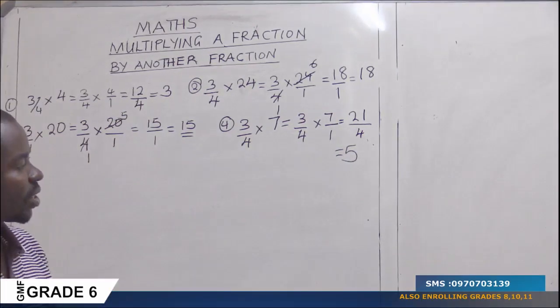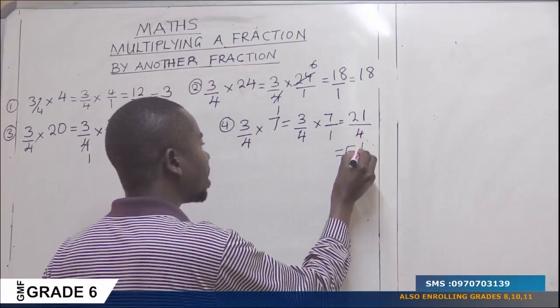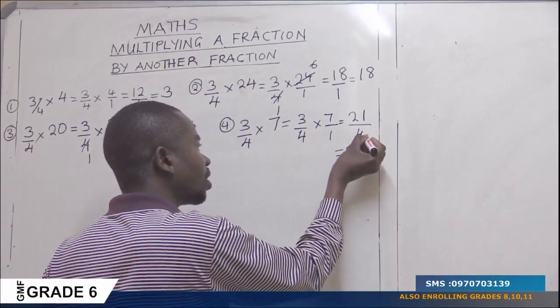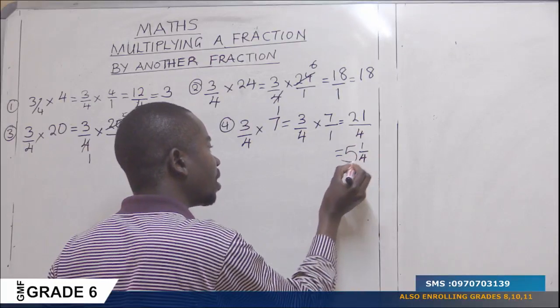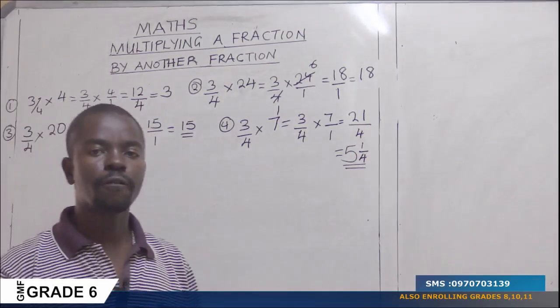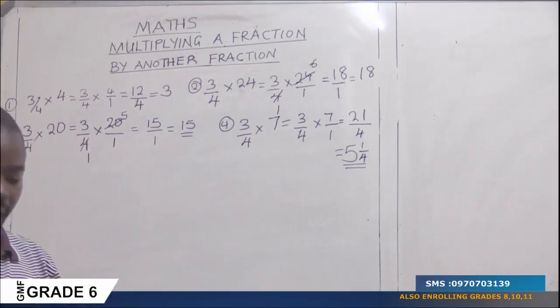What is the remainder? The remainder there is 1. So you write it as 1 over 4. This 4 is supposed to come there. So the answer is 5 and 1 over 4.